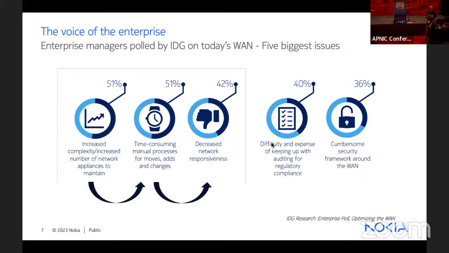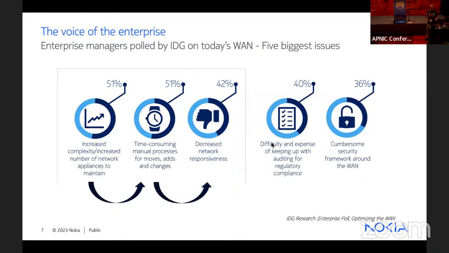And what they felt was that as a result, there was an overall lack of responsiveness from the network. Not responsiveness in the sense of the service itself, but how fast they could move in terms of new things in the network.